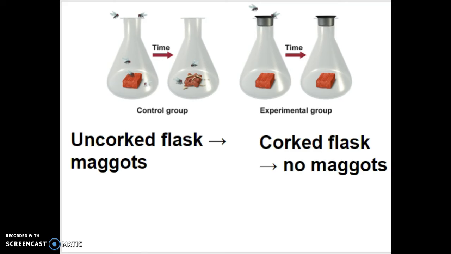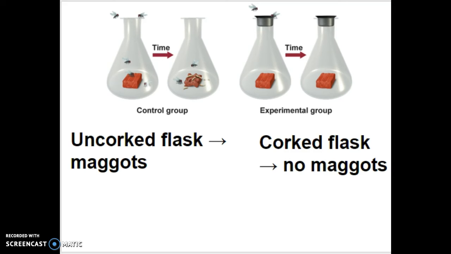The uncorked flasks had meat placed inside, so flies could come and go as they pleased. And then he also had a set of flasks that were corked, so no flies could get in or out. Over time, of course, the uncorked flask had maggots and flies buzzing all over it, and the corked flask did not. The meat was still rotten, but there were no maggots or flies.